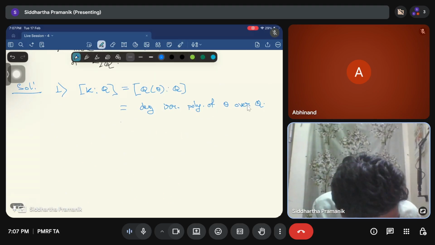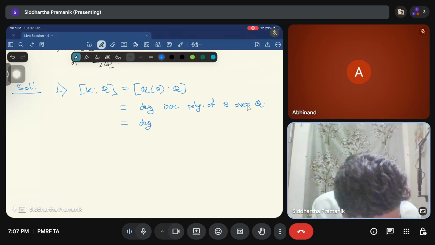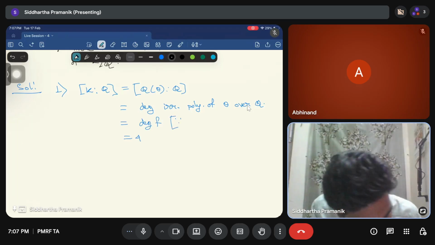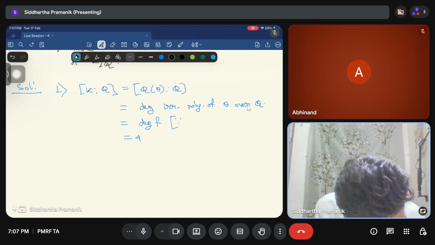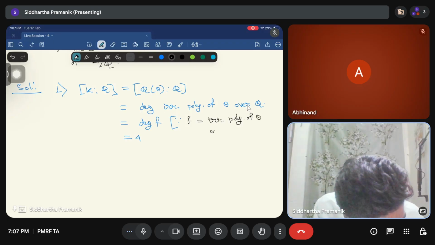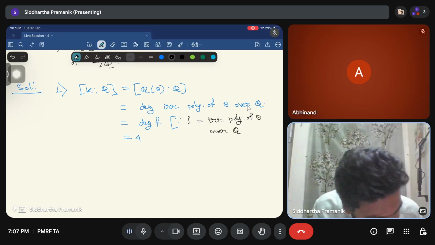So first let me write this down. This is the degree of f, which is 4, because f is the irreducible polynomial of theta over Q. And why is this?